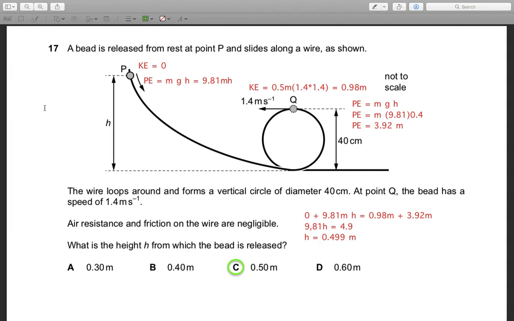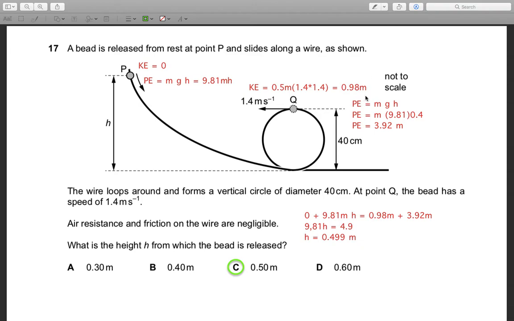So in terms of mh, the potential energy at point P equals 9.81 mh. Then condition 2, at point Q, the bead has velocity 1.4 meters per second. So the kinetic energy is a half mv squared, which after we calculate these numbers gives 0.98 m, where m is the mass.